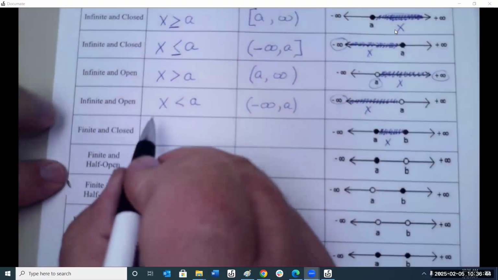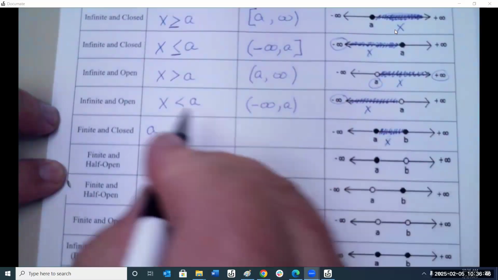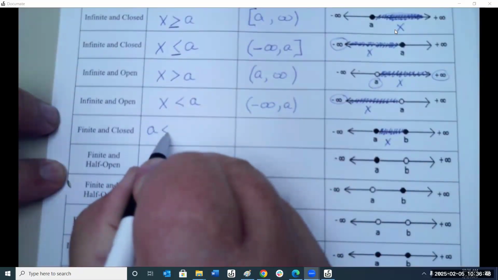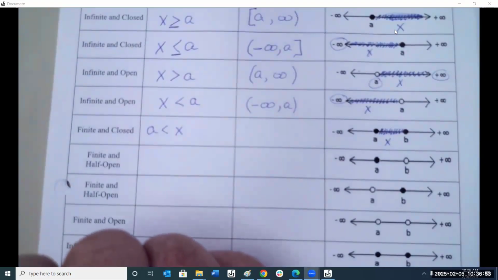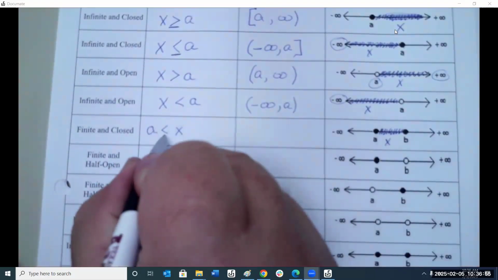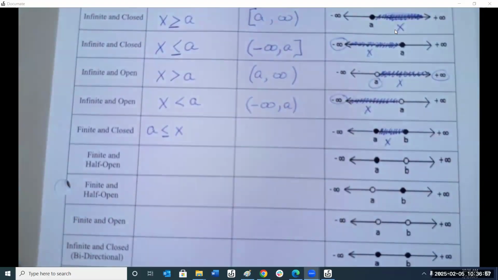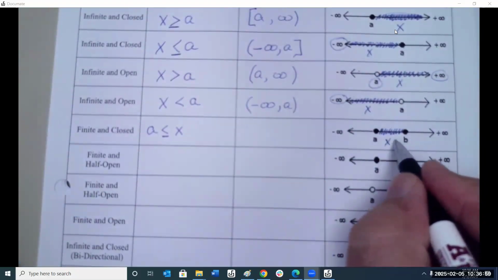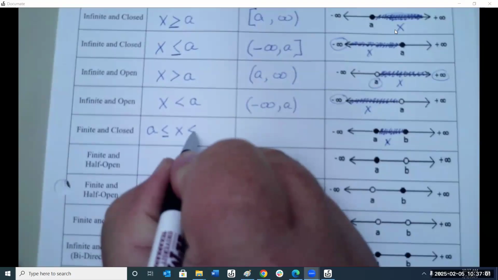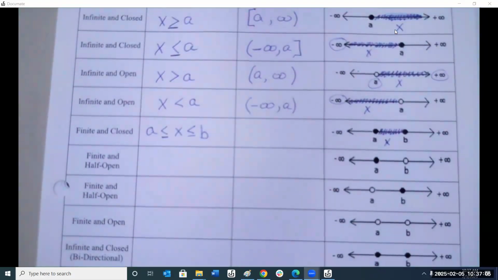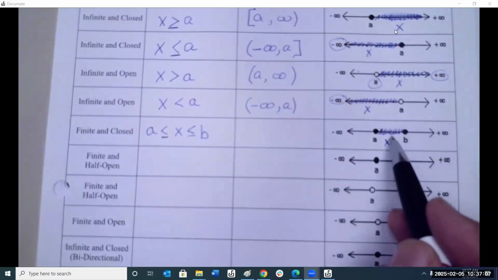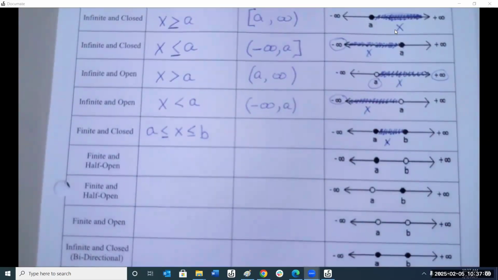So we have A. Since it's to the left, A is less than X. Since it's solid, I can include it. But X is to the left of B, so it's less than or equal to B. Because X has to be between A and B.